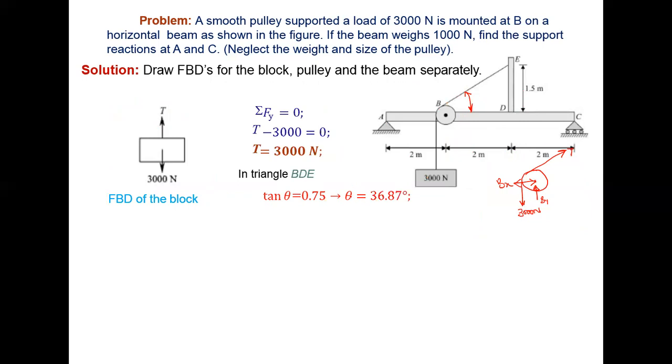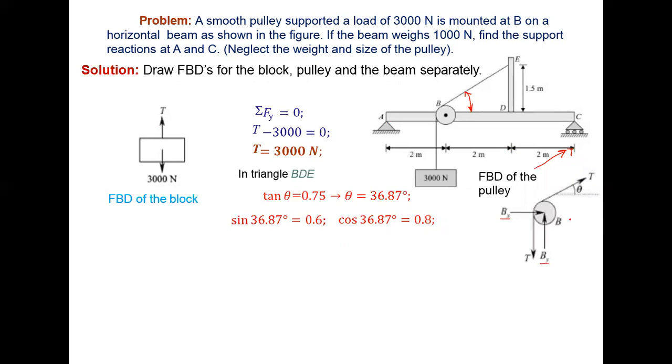So theta will be equal to tan inverse 0.75, that means 36.87 degrees. Now you can calculate sine theta and cos theta, because sine theta and cos theta will help you to determine the horizontal and vertical components of this tension, right?